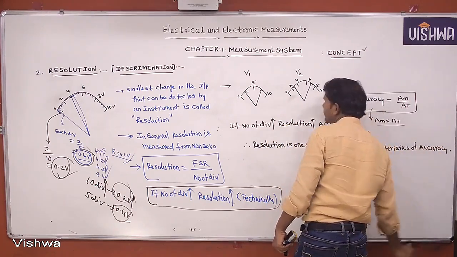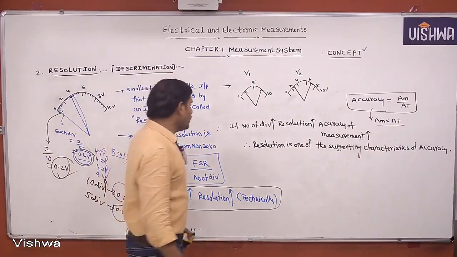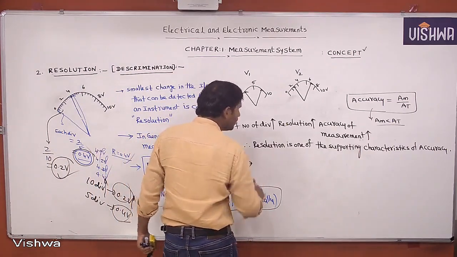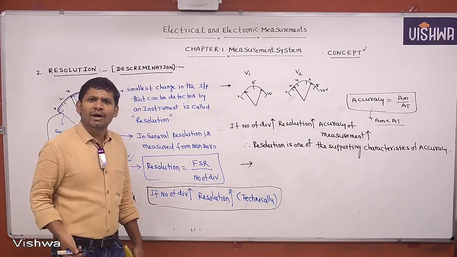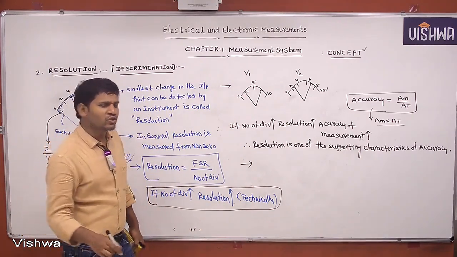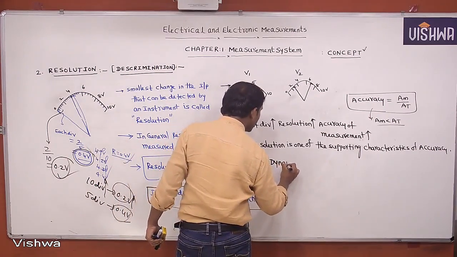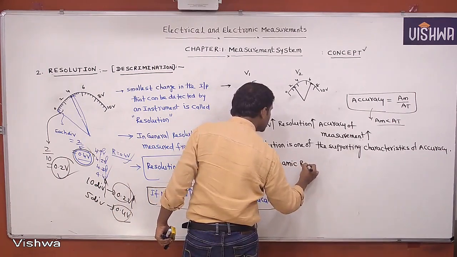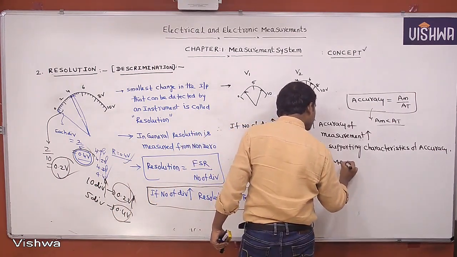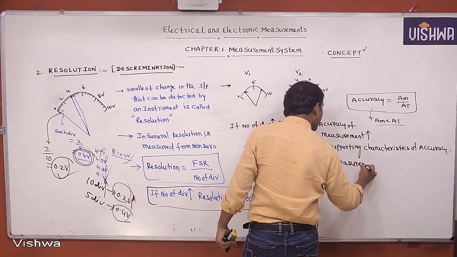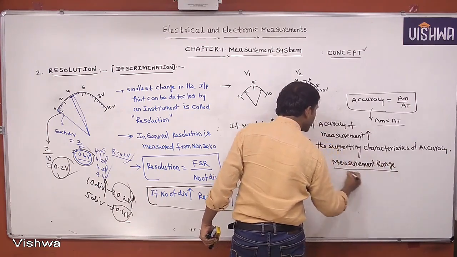Okay, this point also you remember. One more point to remember with respect to resolution. By knowing the resolution of an instrument, we can determine the dynamic range of the instrument. How to write dynamic range? The dynamic range of the instrument equals measurement range by resolution.